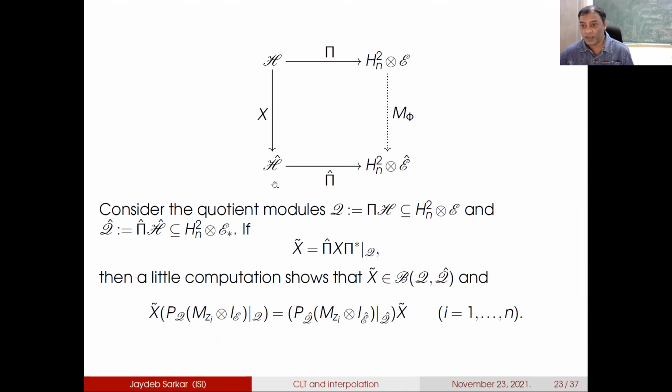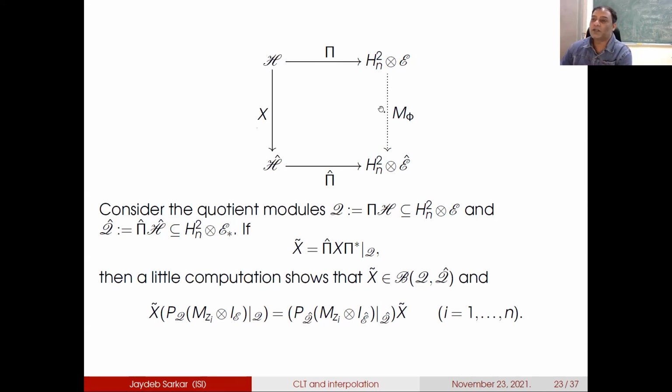So T hat is attached to H hat, and T is attached to H, and pi is a dilation of H. That means pi is a dilation of T. And your X intertwines your Ti from here and Ti hat on here. If you do that, then you are going to lift this to M phi from H2n tensor E to H2n tensor E hat, the dilation spaces, such that this diagram commutes. That's all. Simple.